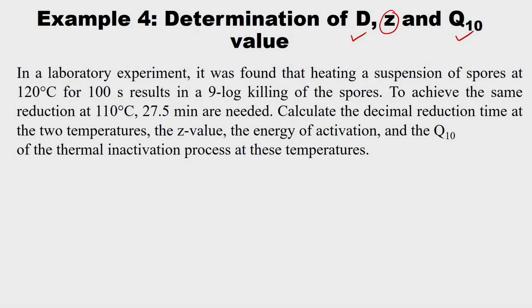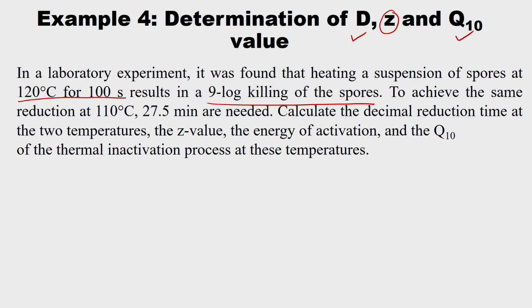So, this is related. So, in a laboratory experiment, it was found that heating a suspension of spores at 120 degrees centigrade for 100 seconds results in a 9 log killing of the spores, right. This 9 log killing we have already discussed, right, 1 log, 2 log, 3 log, 9 log killing of spores.